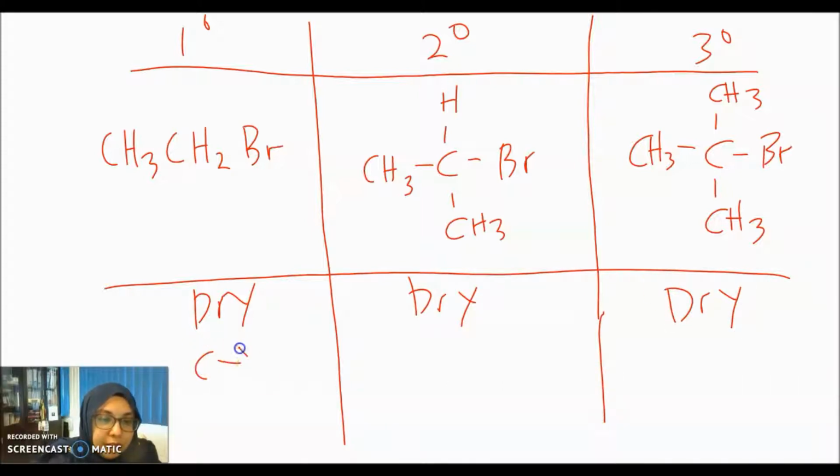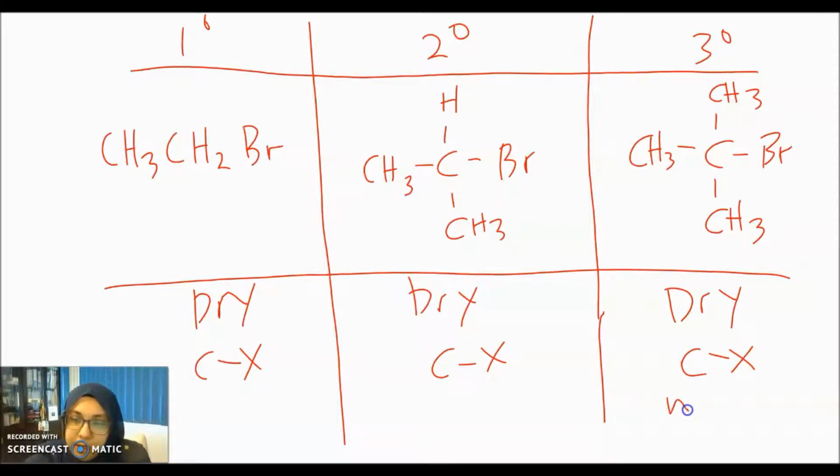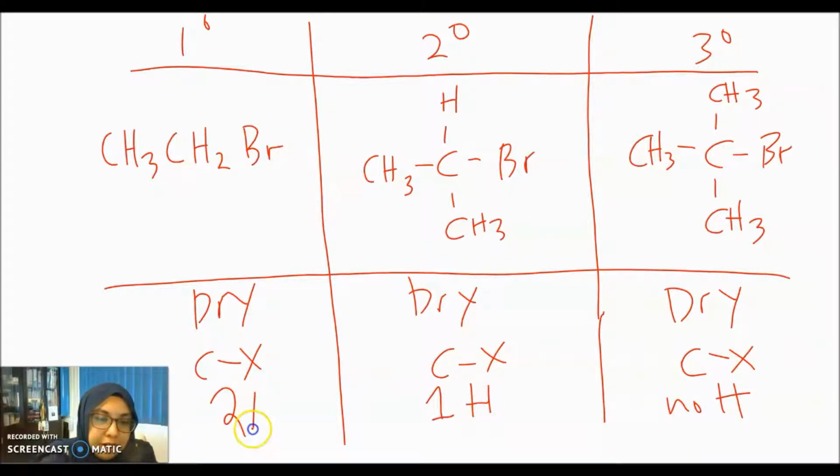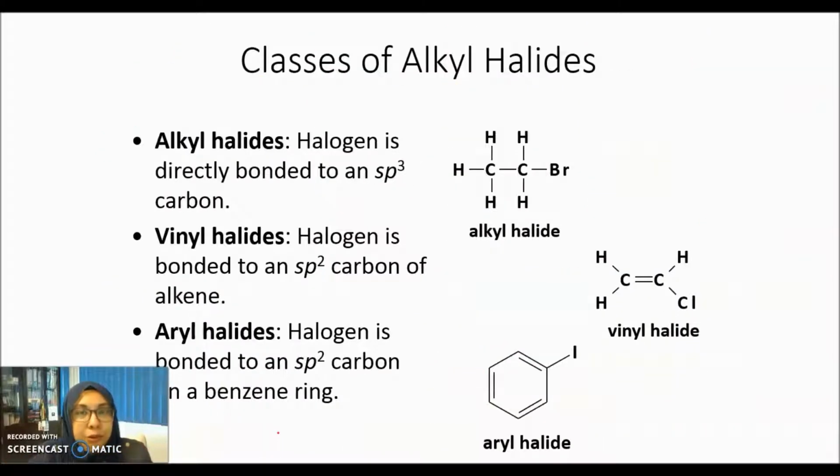You see the carbon bonded to any halogen atom: this one has no hydrogen, this one has 1 hydrogen, this one has 2 hydrogen.